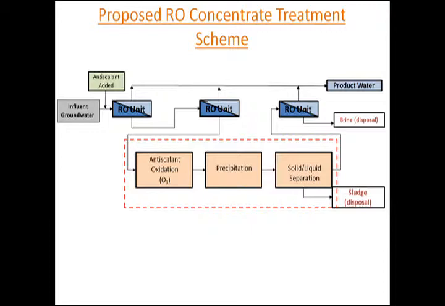And then if you do the precipitation and create new solids, you do a solid-liquid separation, and then you can maybe put the liquid part of that back into another RO unit. The whole idea of both of these things is to increase the amount of product water and decrease the amount of concentrate that you have. And because concentrate disposal can be expensive, it turns out you can spend a fair amount of money on this and still have it be worthwhile.